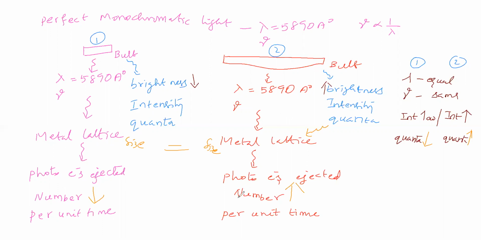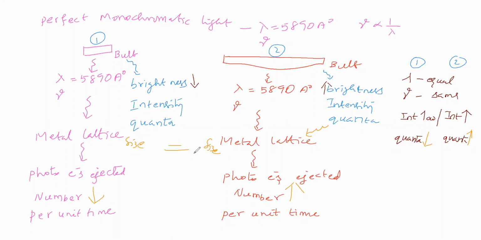Now you say, does the number of photoelectrons ejected depend on the frequency of radiation or on the intensity of radiation? You are saying that the number of photoelectrons ejected depends on the intensity of radiation but not on the frequency of radiation.